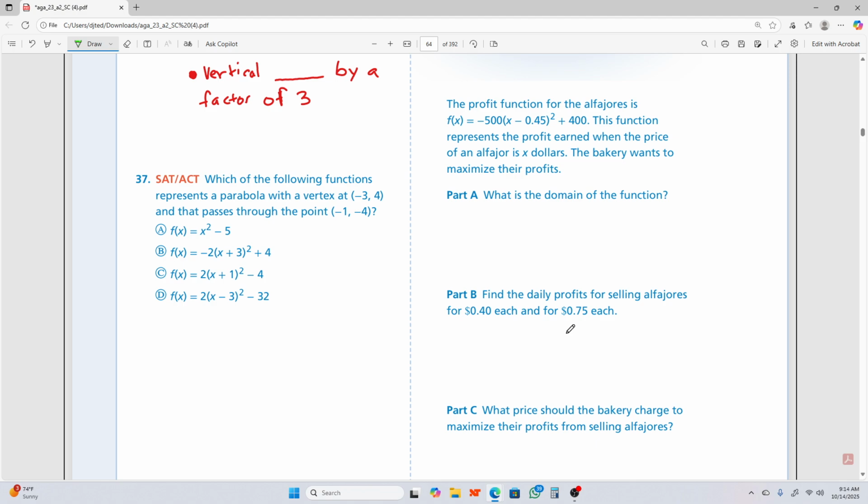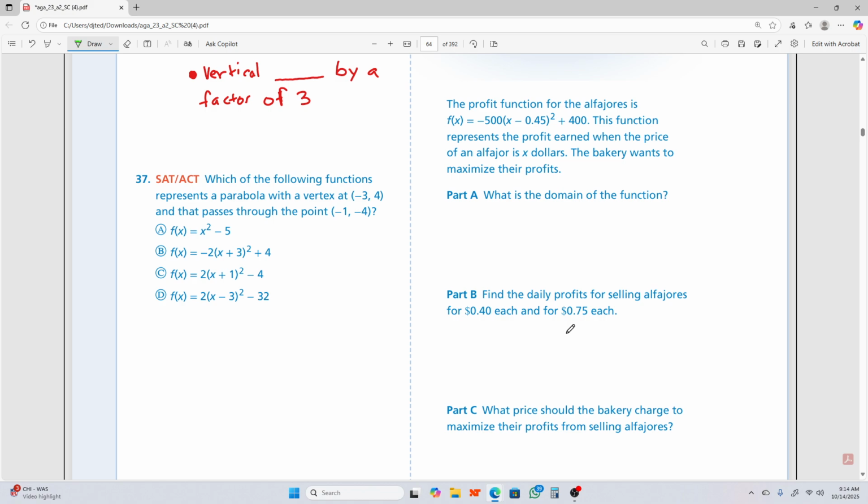We said that for a quadratic function, the domain is all real numbers, but in this case we've got a word problem. So would it make sense for the bakery to be making a negative amount of cookies, pastries? Probably not. So that wouldn't make sense.